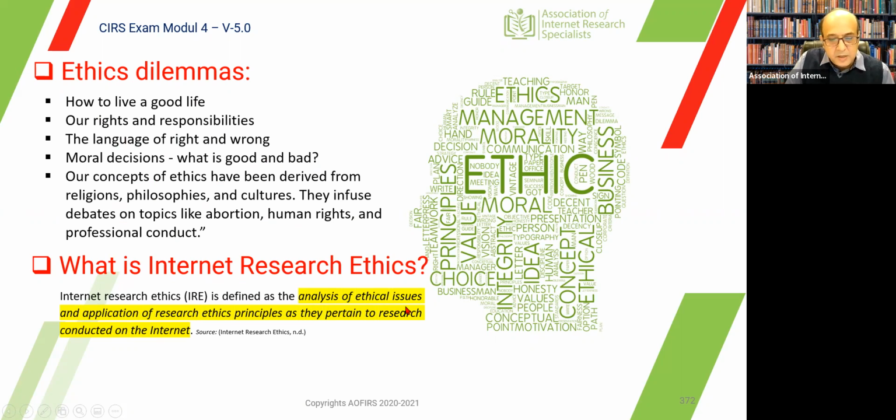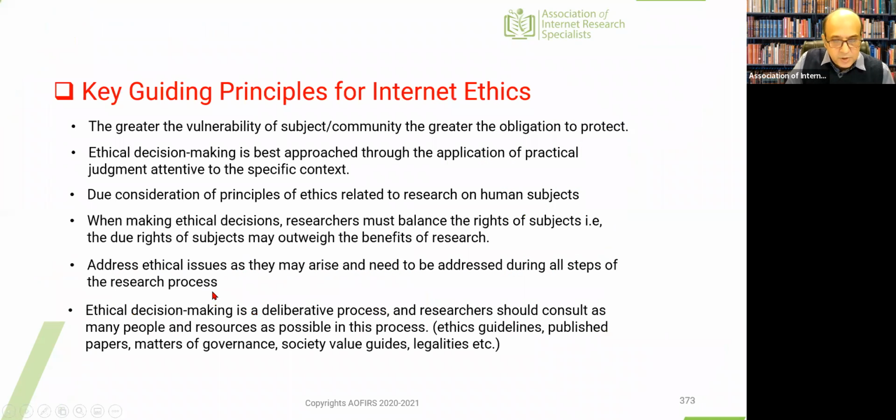It says analysis of ethical issues and application of research ethics principles as they pertain to research conducted on the internet. Research is collection of information primarily, and the subject from whom or the source from where you collect the information has ties to ethics of how it is collected and how it is used.